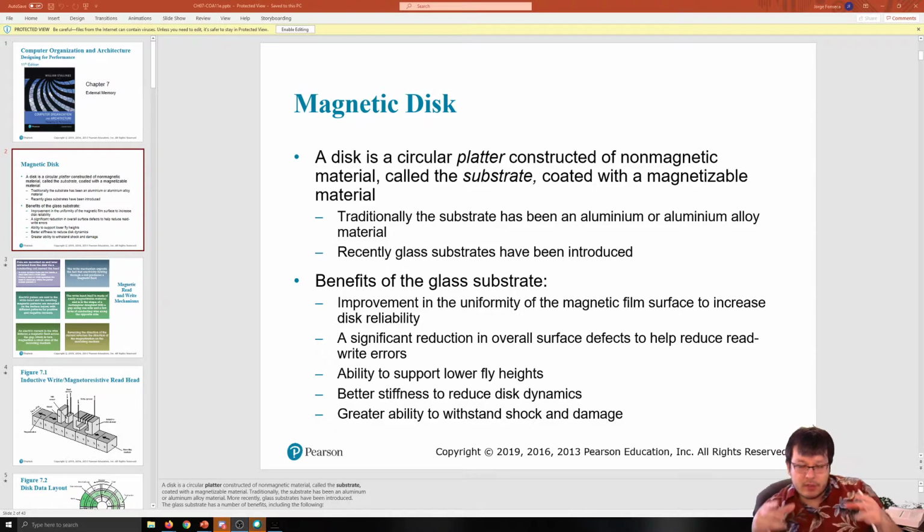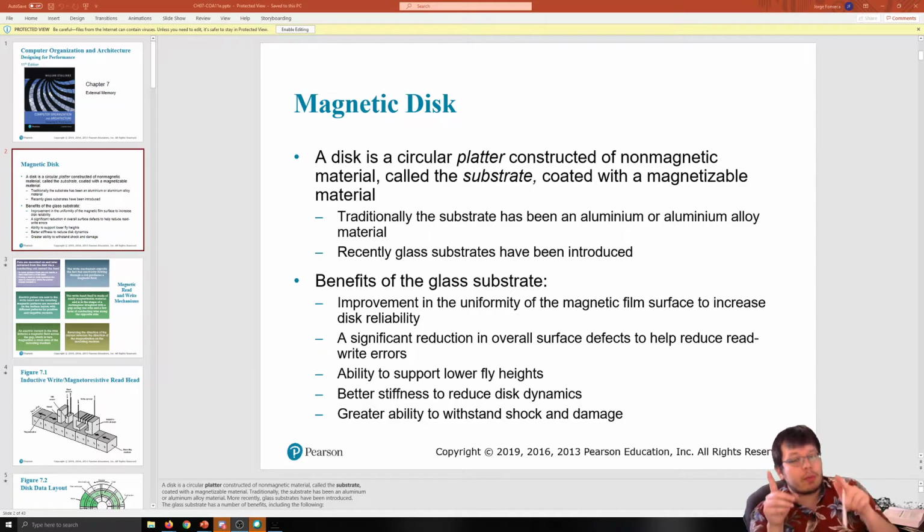And so you can't make the platter out of metal, because it can get magnetized as well and mess things up. Once we magnetize something and set it as a 1, we don't want it to accidentally get changed to a 0 because of the surrounding magnetic fields messing with it.